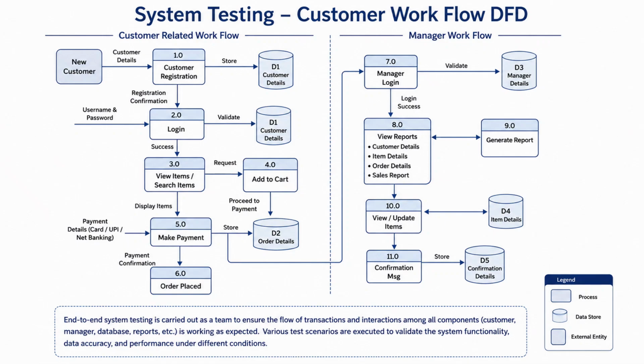Here we have a customer-related workflow. First is the new user. When a new user comes, first the new user should do the registration. Here you enter all the details, and all the details will be stored in the database as customer details. After registration is done, the user has a username and password, and using those two, the user is able to log in.